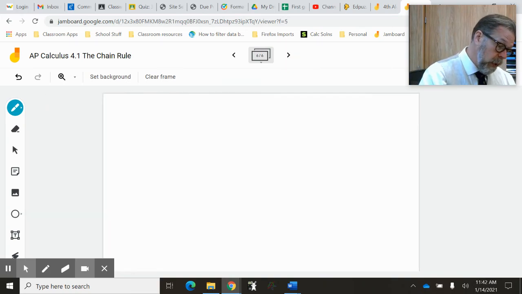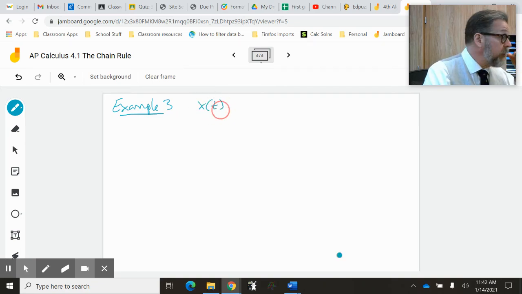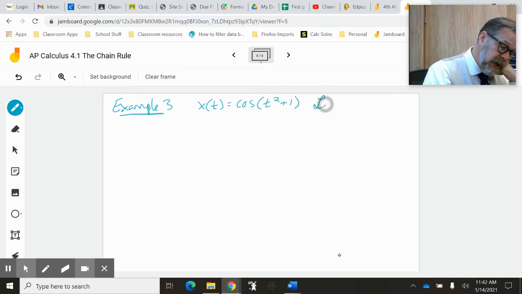All right, let's do one more quick example. We'll call this example 3. And we've got some function of time, x of t, is cosine of t squared plus 1. And we will let u equal t squared plus 1, which means the derivative of u with respect to time is 2t.